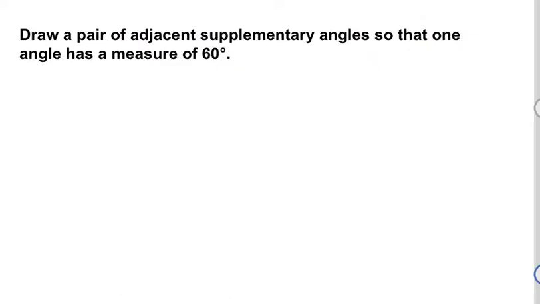Okay, if I ask you to draw a pair of adjacent supplementary angles so that one angle has a measure of 60 degrees. Go get your protractors. If you don't have them now, you're going to need them.